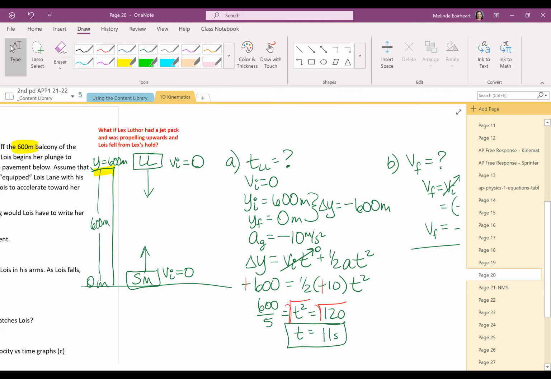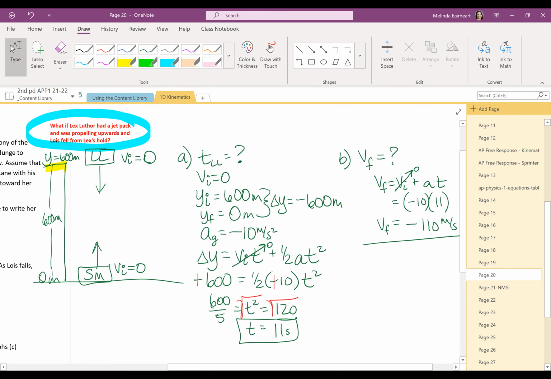Yes, so it doesn't tell us how long they're accelerating. Yes, I know. It's the spirit of the question. Okay, so what changes, not every single change in the whole entire world, but in the spirit of she's not dropped, what would be different here? Distance traveled, that's a true statement. That's what I'm going for, yeah.